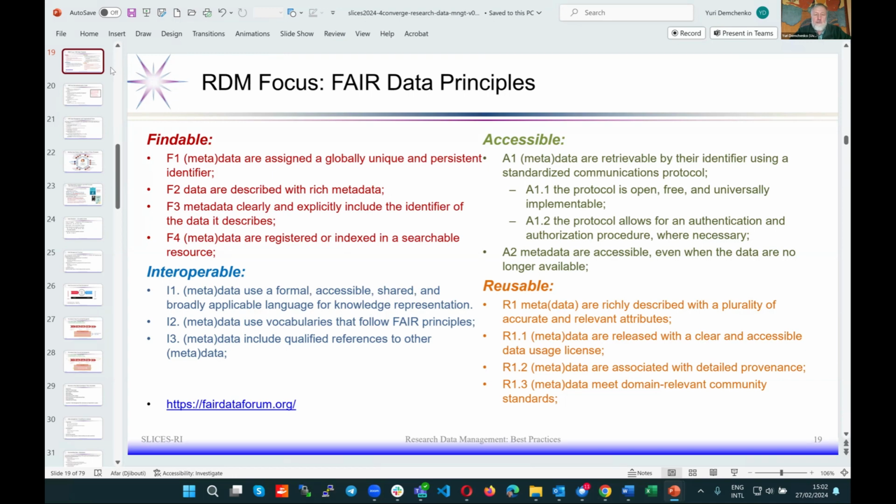A group of bioinformaticians and publishers defined principles that they called FAIR. First, this was just four words: findable, accessible, interoperable, reusable.